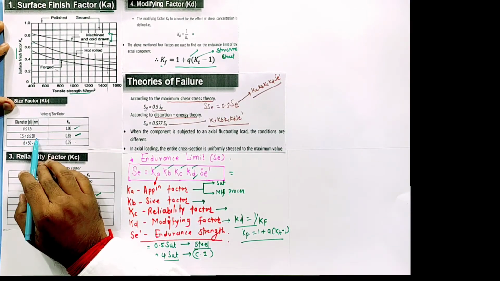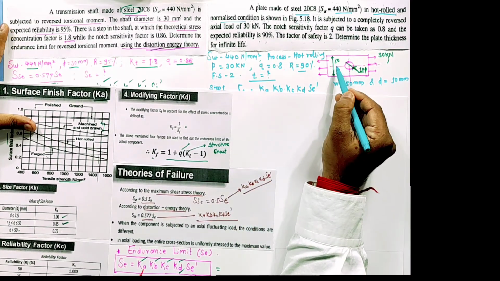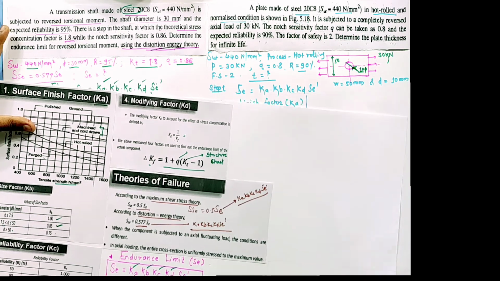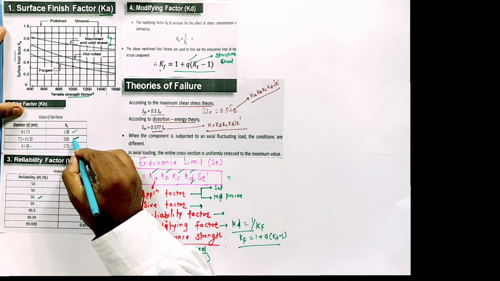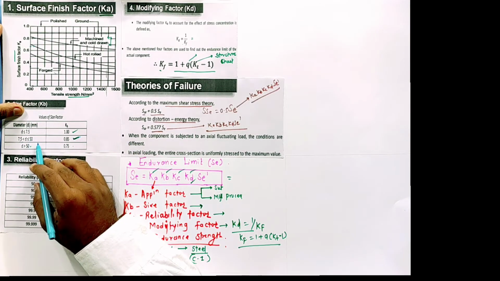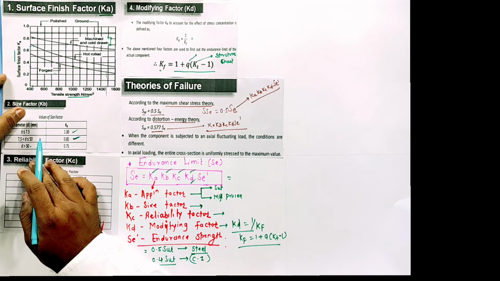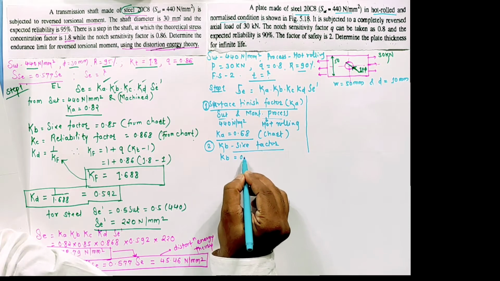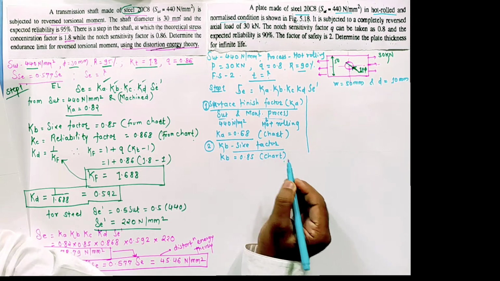If suppose this was 100, in that case I will take 10, because the lesser one is going to be affected more by the load. So here I'll say Kb size factor is equal to 0.85, which is situated between 7.5 to 50. So I'll write Kb 0.85 from the chart. Clear?